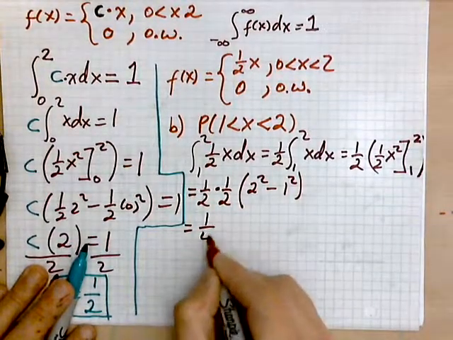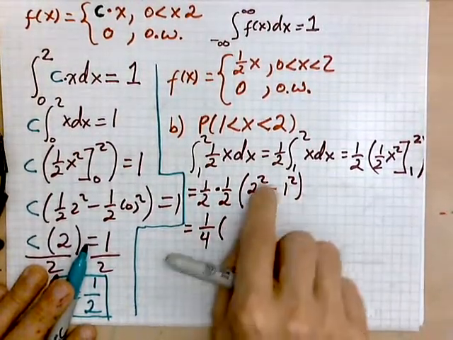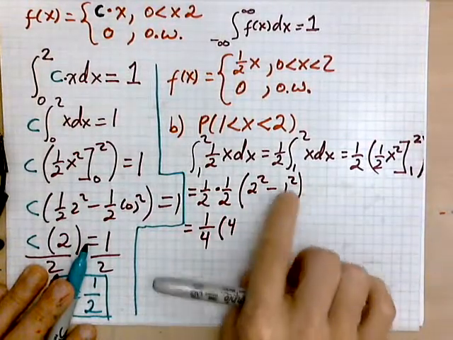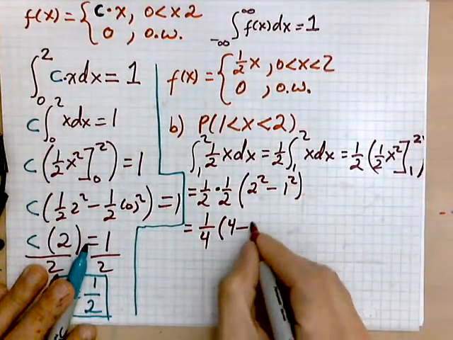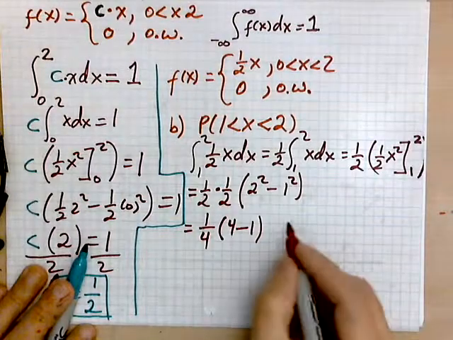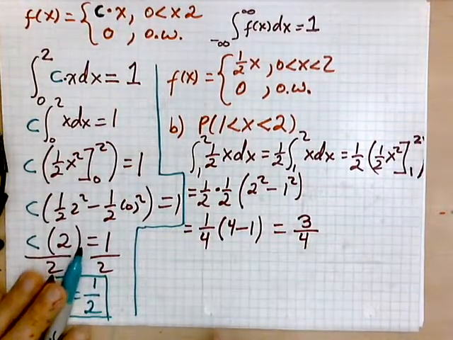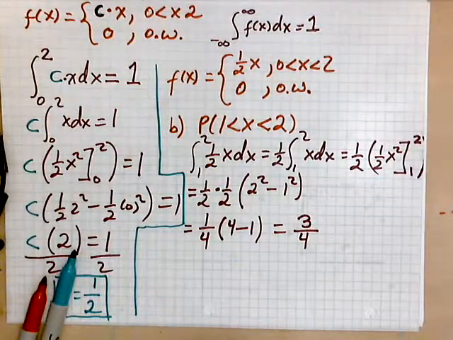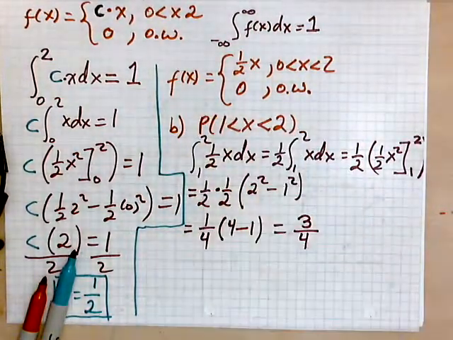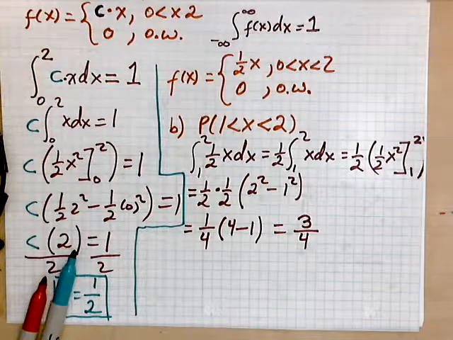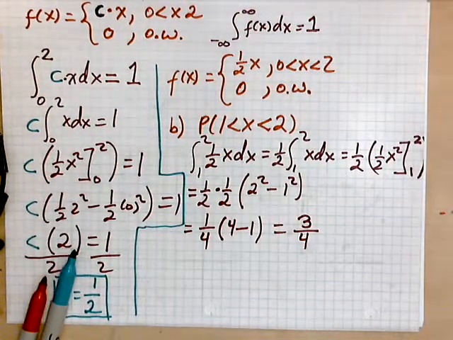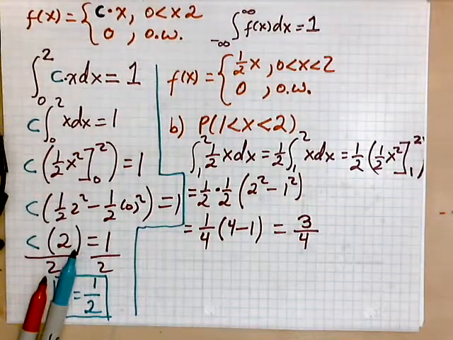This gives 1/4. 2 squared is 4. 1 squared is 1. Which means now you have 3 over 4. Okay, so the probability that x lies between 1 and 2 is 3 over 4. That is what this number tells us.